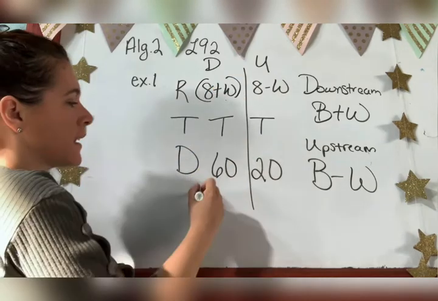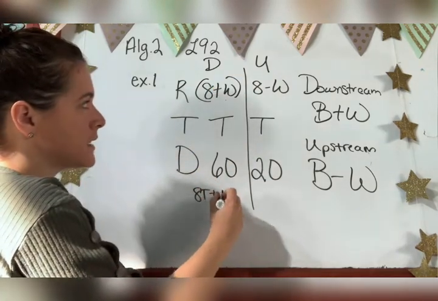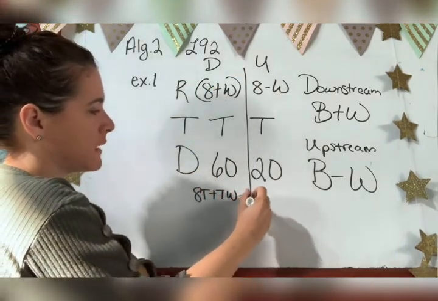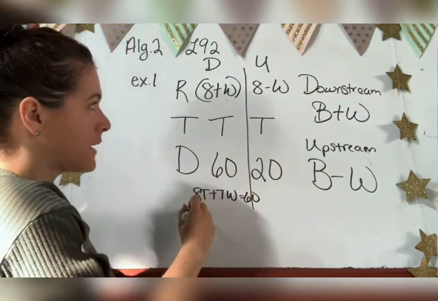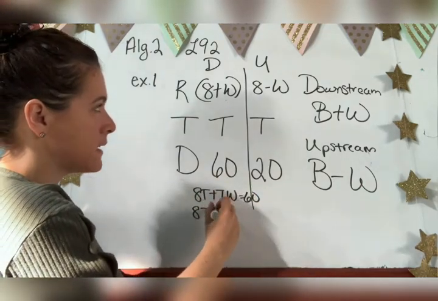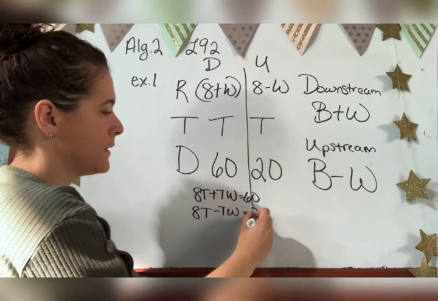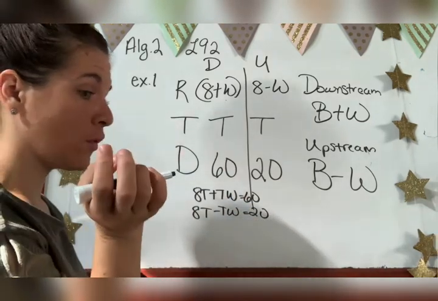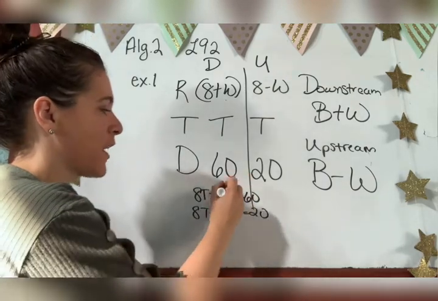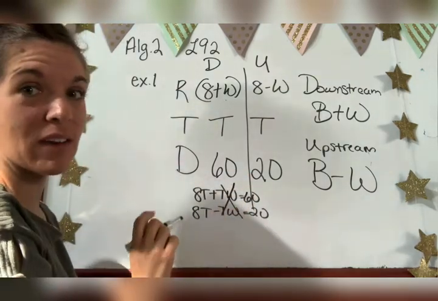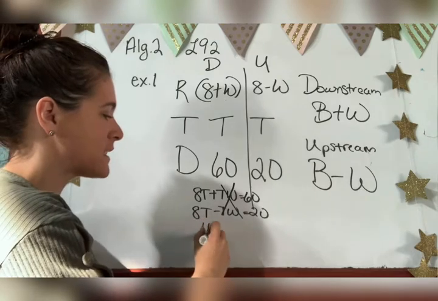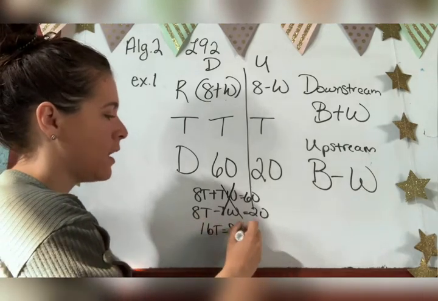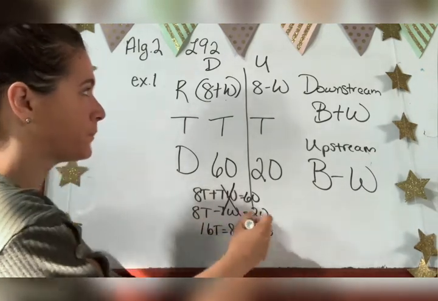This times this is going to be 8t plus tw equals 60. And then the other one is 8t minus tw equals 20. Which is just absolutely beautiful because they already cancel out your tw for you with the negative and positive. You're left with 16t equals 80, so t equals 5.